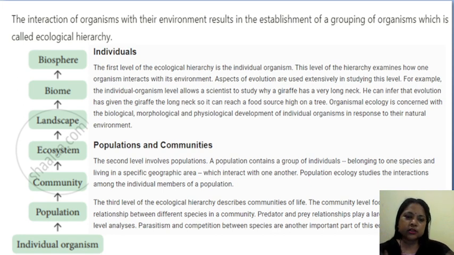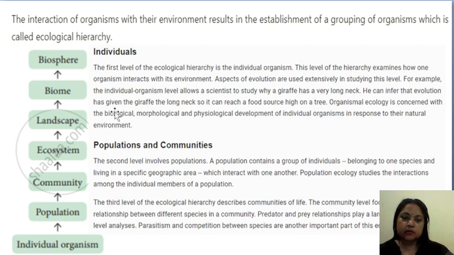So what is an individual? The individual is the first level of ecological hierarchy. This level of the hierarchy examines how one organism interacts with its environment. Okay, and aspects of evolution are used extensively in studying this level.